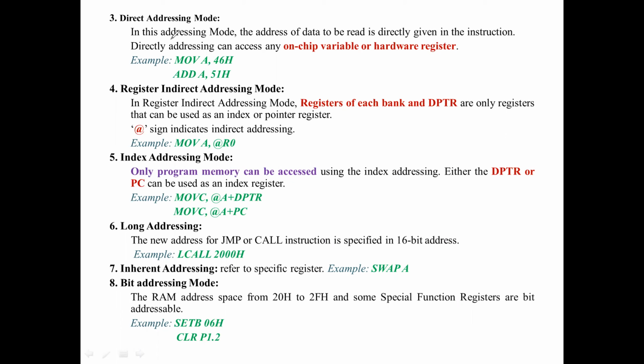In direct addressing mode, the address of the data to be read is directly given in the instruction. This is the address of your data, and that data is going to move to the accumulator.